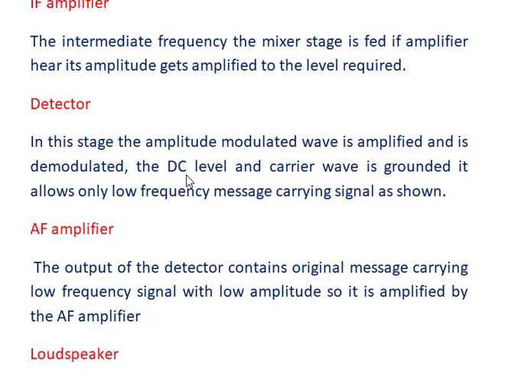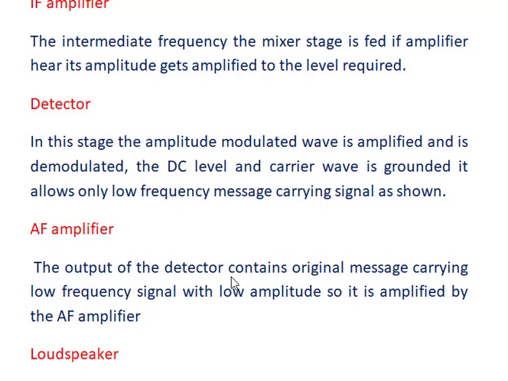It consists of a carrier wave, DC level, and the low frequency message carrying signal. The carrier wave and DC level are grounded. It allows only the low frequency message carrying signal, which is then fed to the AF amplifier.